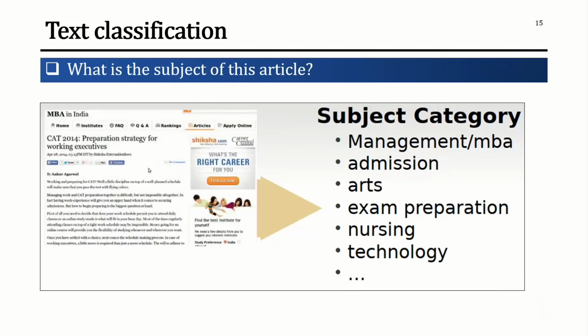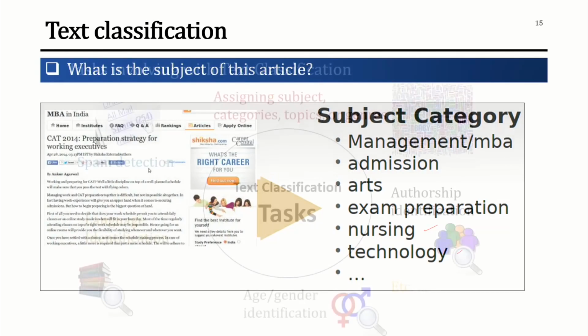And we can predict the subject of a given article. If we have thousands of articles and we want to know whether each article is talking about different topics, we can also use text classification. It can be about management, admissions, nursing, technology, medical, politics, and much more. And from this analytics information, we can use it for further improvement of our product or company as well.